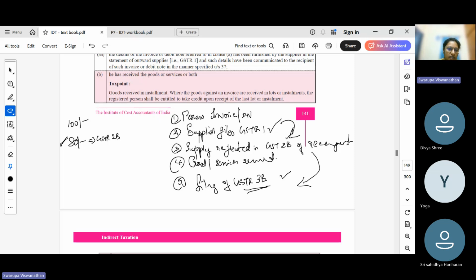So these returns, one from the supplier's point and two from the recipient's point, are required. Goods should be received and they should possess a valid invoice or debit note. These are the major conditions that have to be satisfied. If these conditions are satisfied, then ITC can be availed. ITC has to be availed by the 30th of November of the next financial year or the date of filing the annual return, whichever is earlier.